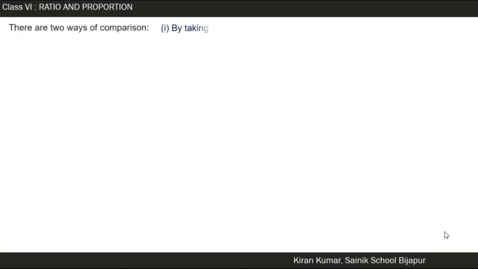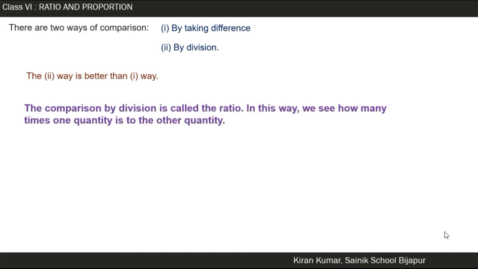That is by taking their difference, and the second method is by dividing. The second way is better than the first way. The comparison by division is called the ratio. In this way, we see how many times one quantity is to the other quantity.